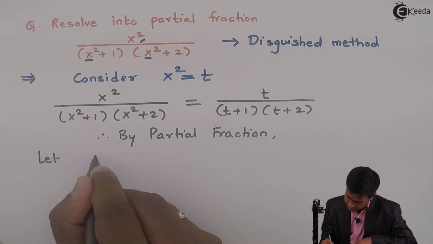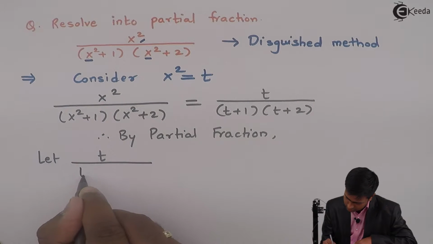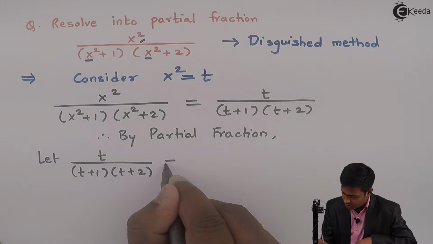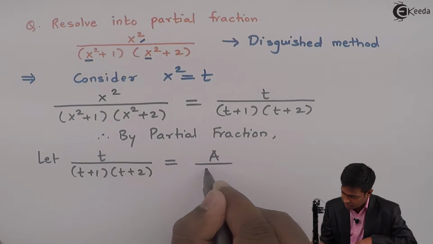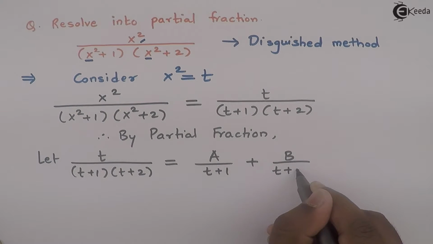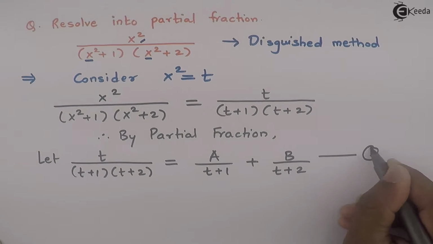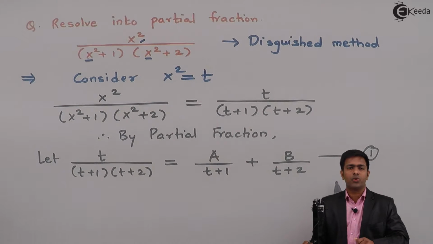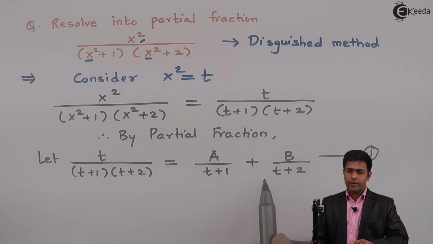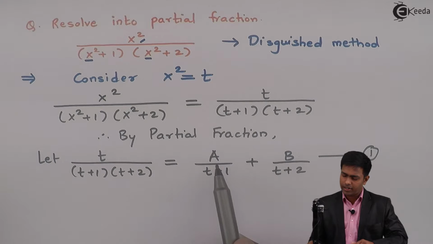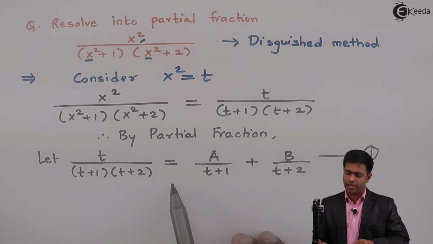So therefore by partial fraction we will say, let t upon t plus 1 into t plus 2 equal a upon t plus 1 plus b upon t plus 2, and I will call this equation number 1. Now we will solve equation number 1 by substituting different values of t, and we will find a and b, and then substitute a and b in equation 1 to get the partial fraction.